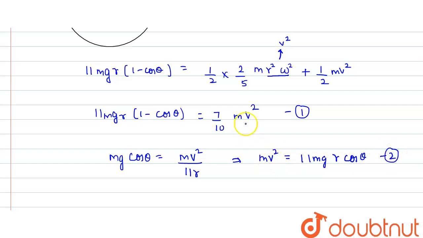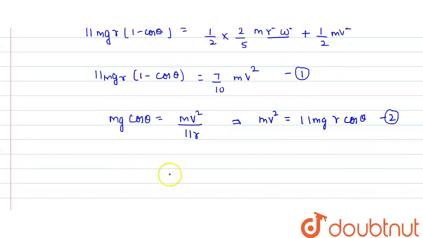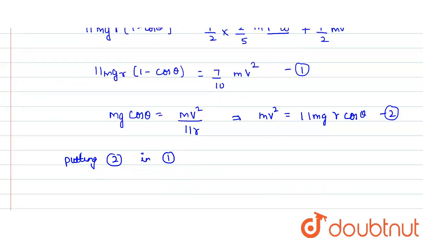If you put the value of mv square from equation 2 into equation 1, what would we be getting? The value we are putting is mv square from 2 into 1. So it would become 11 times mgr (1 minus cos theta).